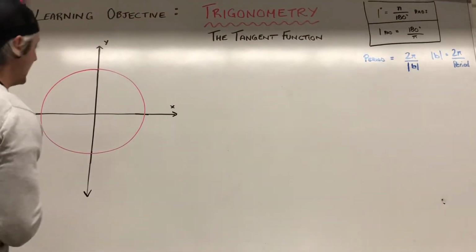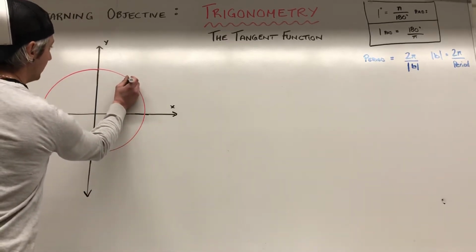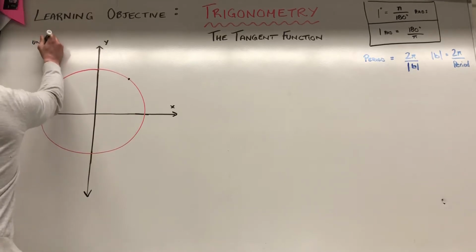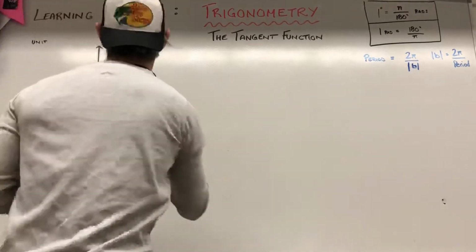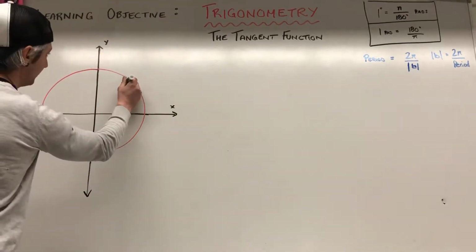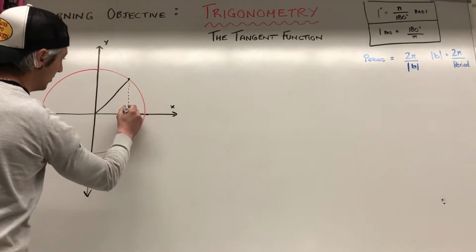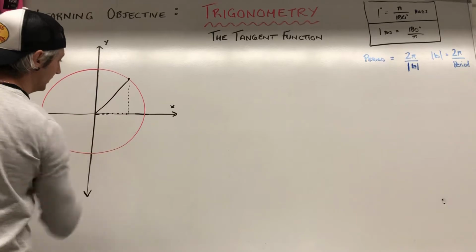Okay, so we know that, or hopefully at this point we know that, any point on our unit circle, this is our unit circle, right? Any point is going to have a radius of 1. And any point on the circle with that radius of 1 is going to have a y coordinate and an x coordinate, right?